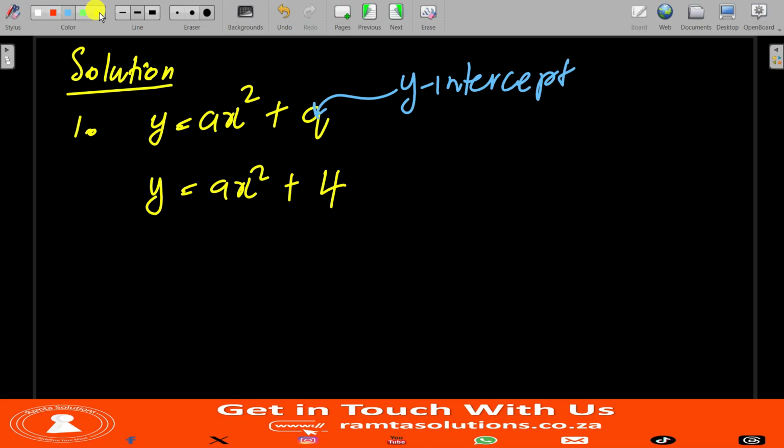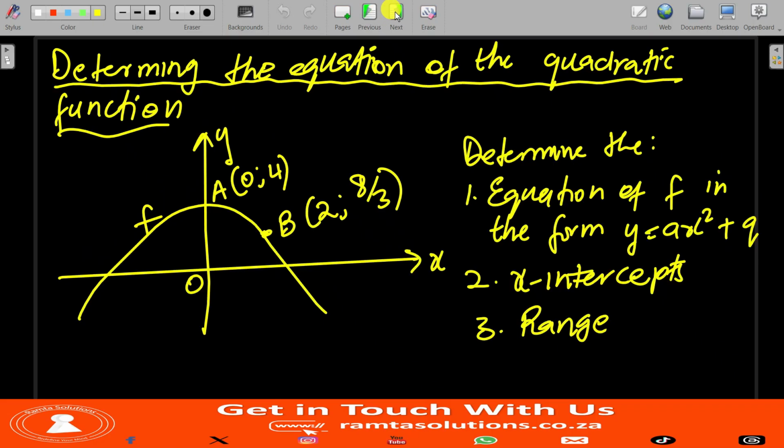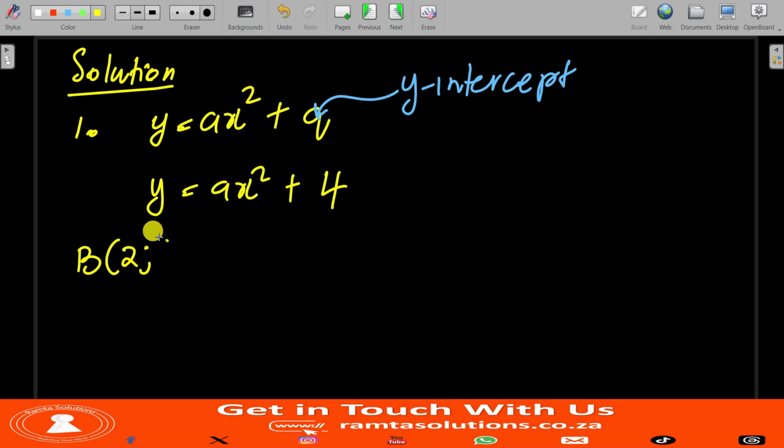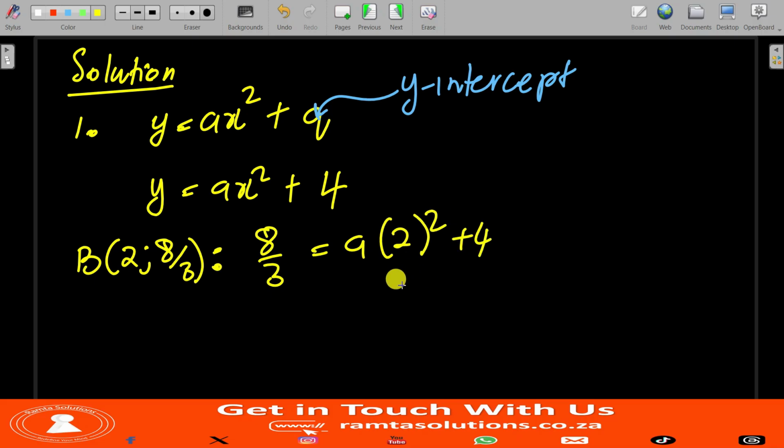Okay. Now we have another point B with coordinates 2 and 8/3. Whether it's x, you put 2. Whether it's y, you put 8/3. So this is 8/3 equals a(2)² plus 4. This is 8/3 equals 4a plus 4.